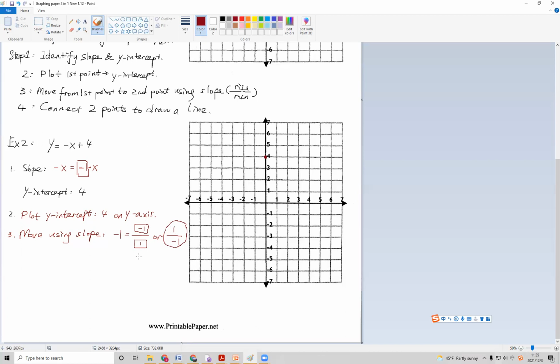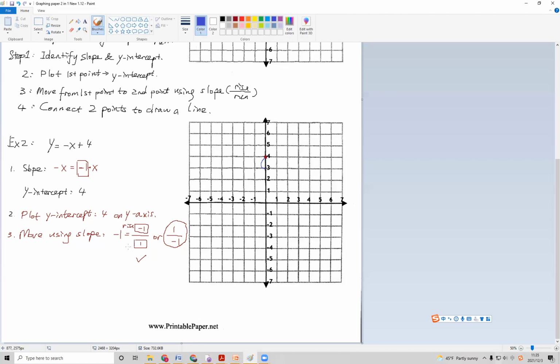Let me do this one, because in the first example I did a positive rise first. Now let me show you how to do a negative rise. From my first point here, negative 1 for my rise means I'm not going up, I'm going down 1 unit.